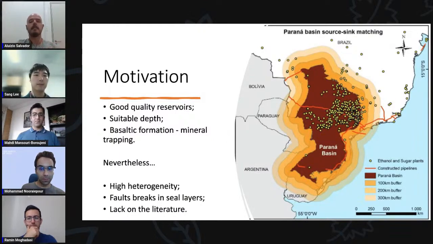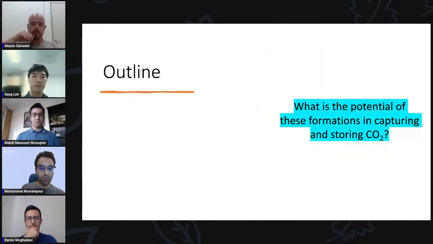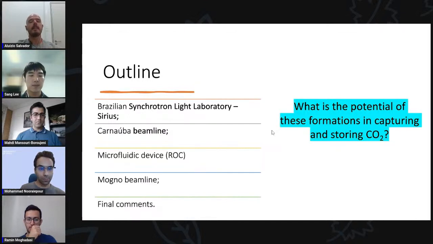Given this information, the goal of my postdoc project is to make a high-end characterization of these rocks, mainly to evaluate the potential of this basin to capture and store carbon dioxide. We are planning to do it by using all the resources of the Brazilian Synchrotron Light Laboratory, Sirius.